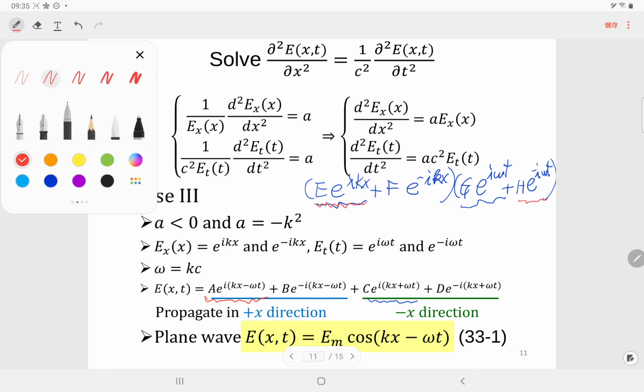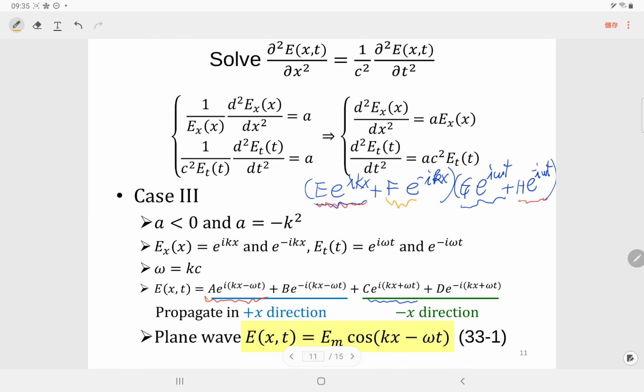And then next one, we can have this term multiplied by this term. So we have minus ikx plus i omega t. So we have this one.